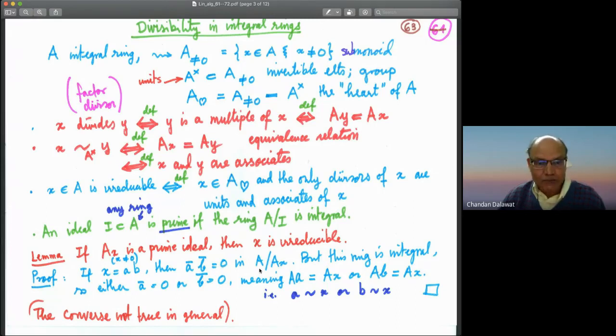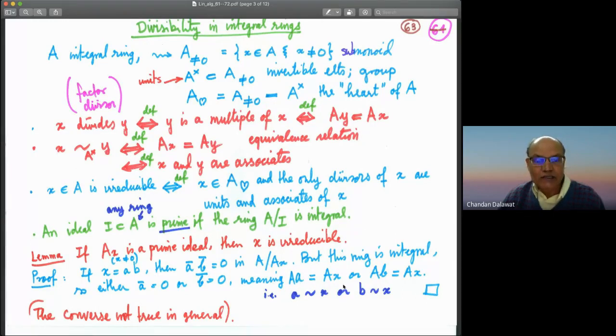But by hypothesis, Ax is a prime ideal. So A modulo Ax is an integral ring. And the product of these two elements is 0. So one of them has to be 0. So a bar is 0 or b bar is 0. Now, if a bar is 0, it means that a belongs to Ax.